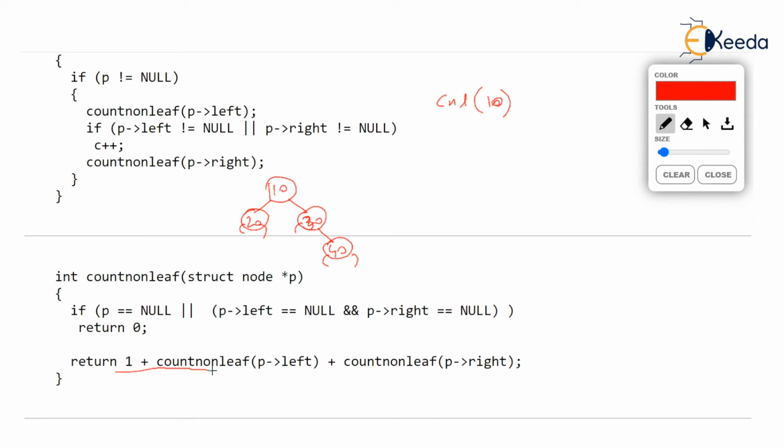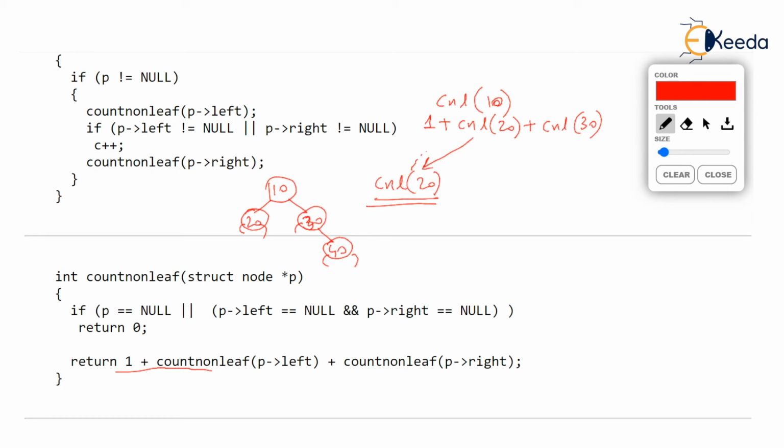So what's happening is count non-leaf says I am a non-leaf. 10 says I am a non-leaf. So I will add 1 and I will call count non-leaf for my left subtree. Left subtree is 20. And I will call count non-leaf for the right subtree. Right subtree is 30. So if you execute count non-leaf for 20, as soon as it starts, it's going to return 0.